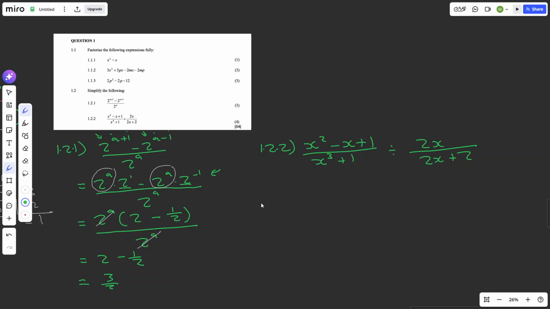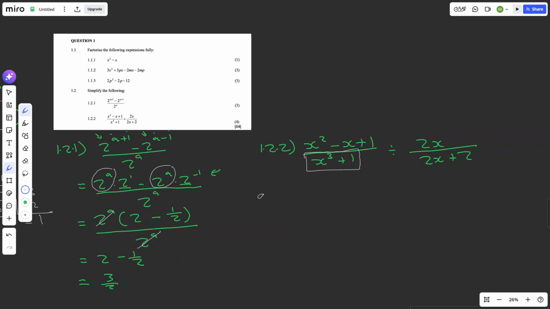So there's a few things I want to go through first, right? So what you'll notice here is that we've got x cubed plus 1 here in the denominator, right? And the expectation here is to break up some of these terms so that we can cancel out and simplify it. So now with x cubed plus 1, there is a formula that you can use to factorize this, right?